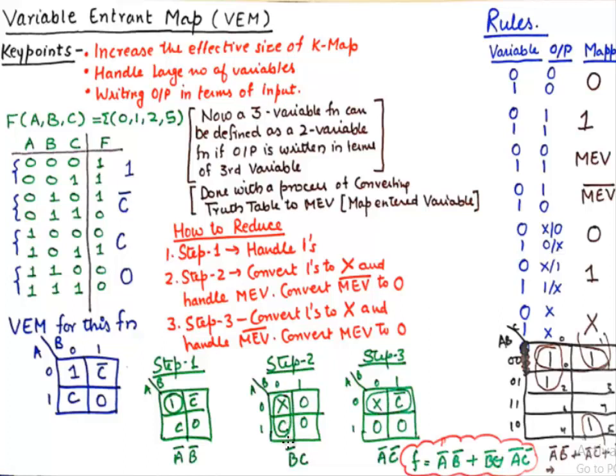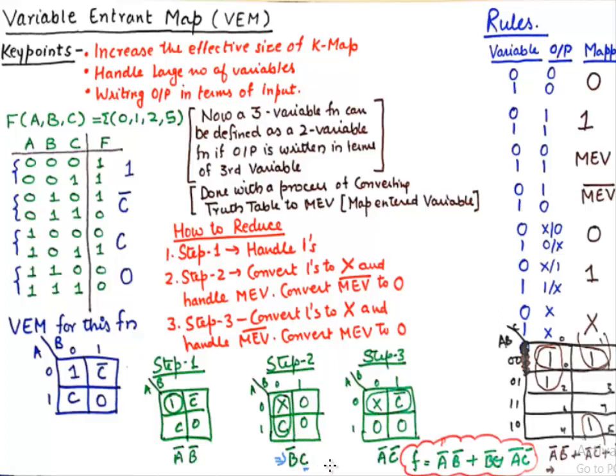So in the first case we take C only, in the second case we take C bar, and we get a pairing of this C with this do not care, and we get a B bar and the map entered variable. So the reduction is the common term out of this pairing multiplied with the MEV.